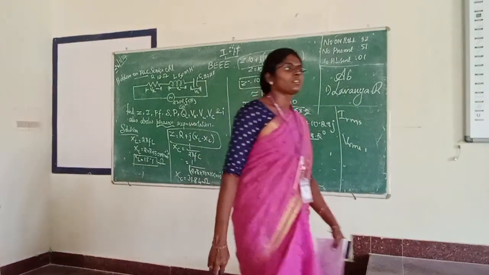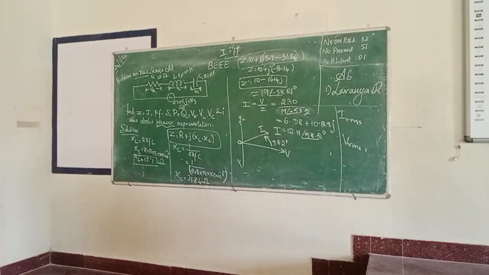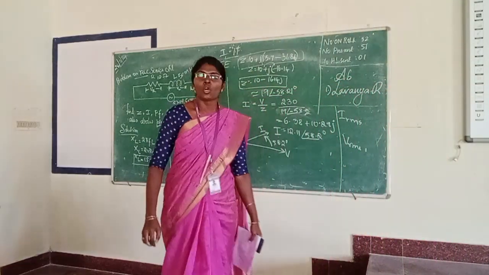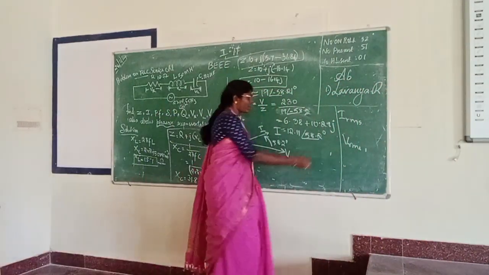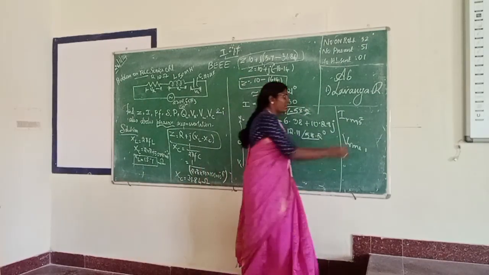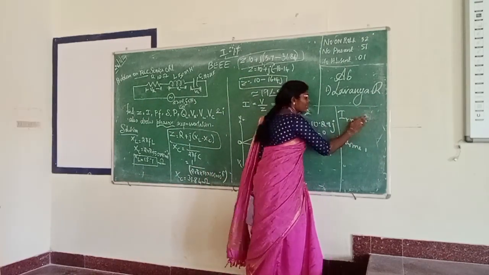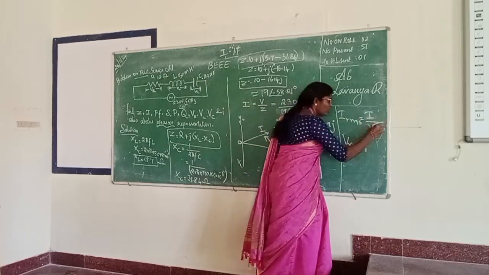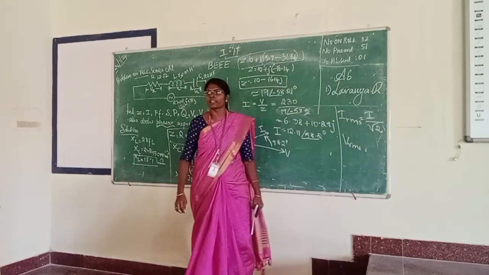RMS voltage and current. What is the formula? You are saying root, but you can remember it as I RMS is equal to I by root 2. Remember it like this.